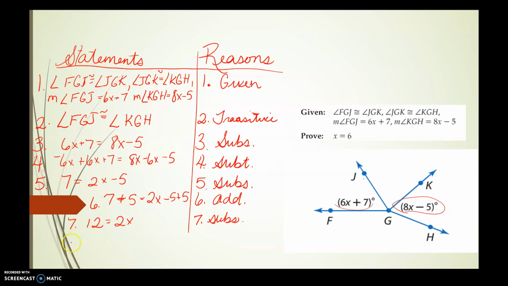And then I'm going to divide both sides by 2. That is division. And then the last step is to simplify it. So 6 equals x. That would be substitution.